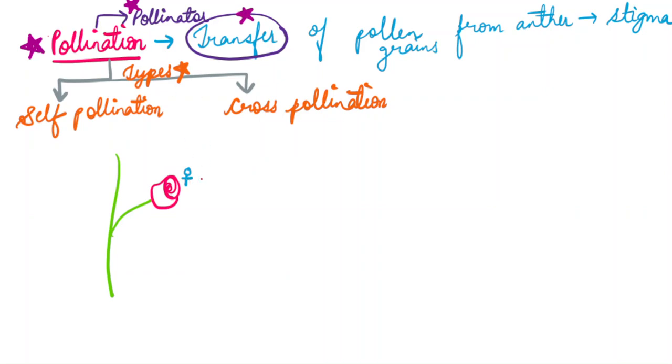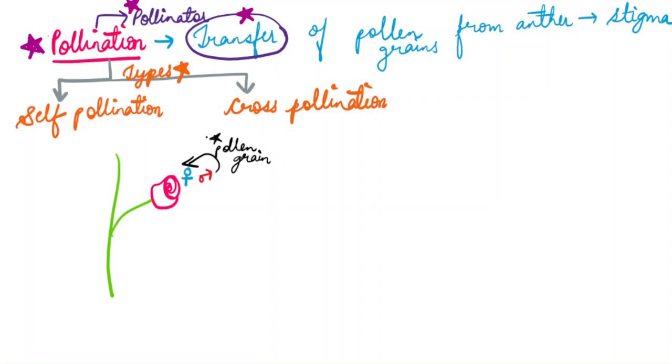So what will happen here? The female will get pollen grain from the male of the same flower.